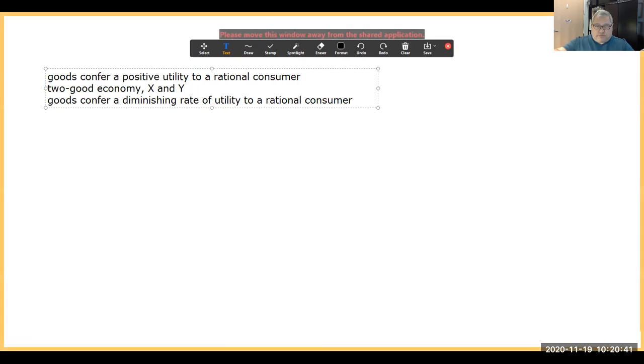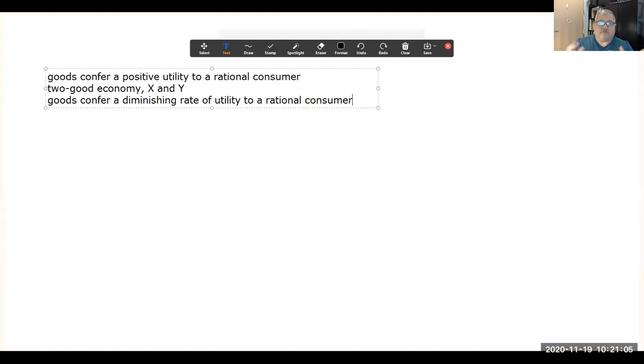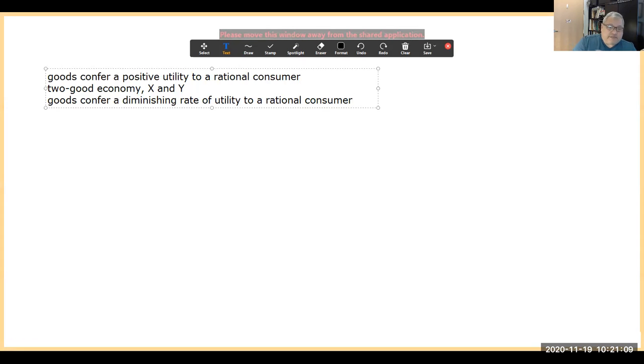Imagine you just ordered a pizza, you're super hungry, you get the pizza delivered, it's still hot in the box, you open the box, the wonderful steam and aroma of the pizza comes out, you get even hungrier, you pick that first pizza and you eat the first bite of the first slice, and it evokes all kinds of wonderful feelings and sensations. It gives you great utility to have had that bite. As you complete your first slice and move on to the second slice, you start feeling full.